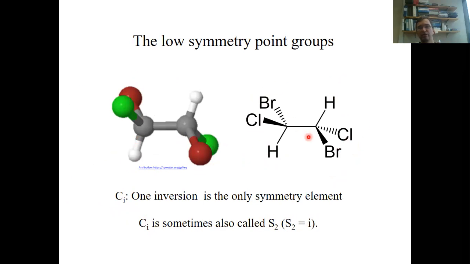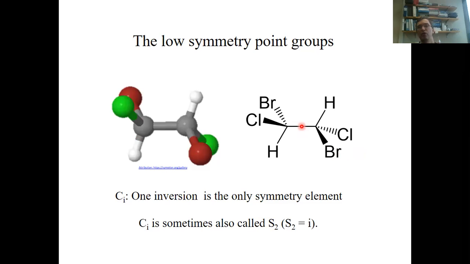This is a dibromodichloroethane in a staggered conformation. This molecule looks relatively symmetric, but it has actually only an inversion center in addition to the identity. Where is this inversion center?